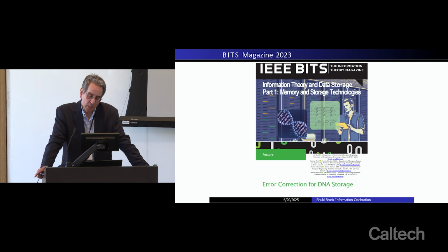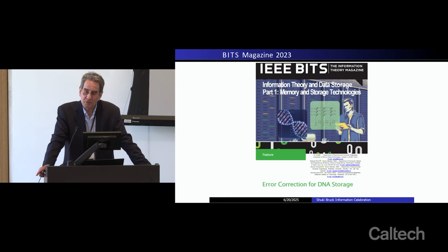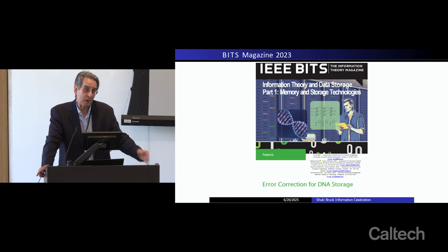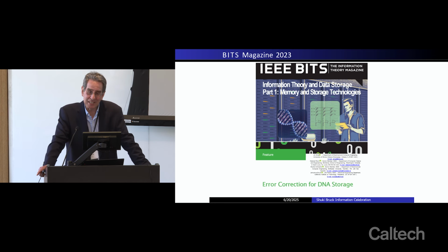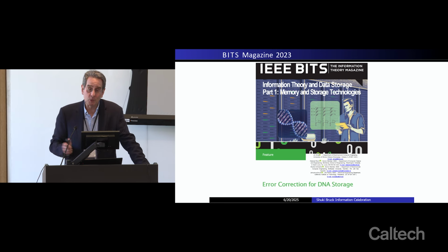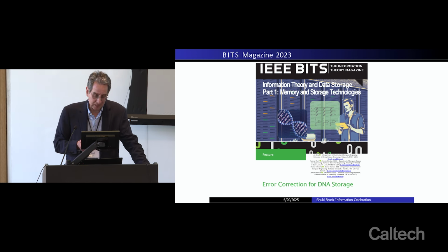And once again, Shuki and his group had really paved the way in this area. And we really wanted to get an article from him, and we were lucky enough to do so. The article was written by Shuki and by Jin and by Netanel, and it's really a masterpiece of exposition. I encourage all of you to read it. It's really fantastic.